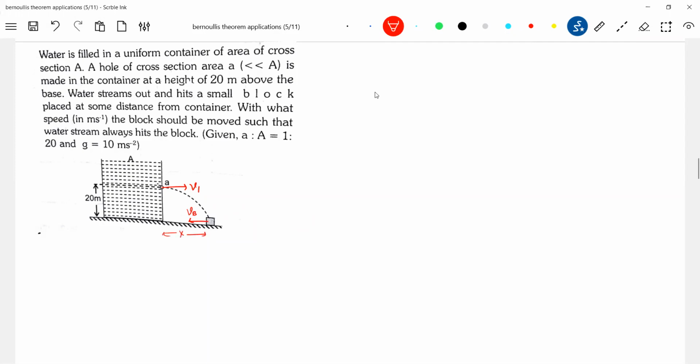Let this range be X. Let the hole be located at a height H, later I'll substitute that value. Let the depth of the hole be Y. These are some assumptions I'm making.